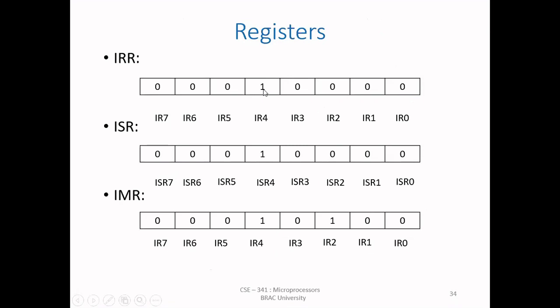The keyboard needs attention from the CPU, and it will send an interrupt signal. And if the 8259A is servicing this interrupt, then the ISR will keep track that interrupt 4 is being serviced. Okay, so this is set to 1. This actually keeps track of which interrupt is being serviced.